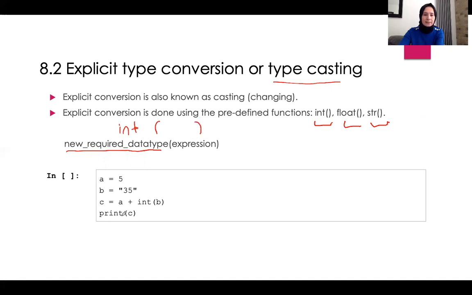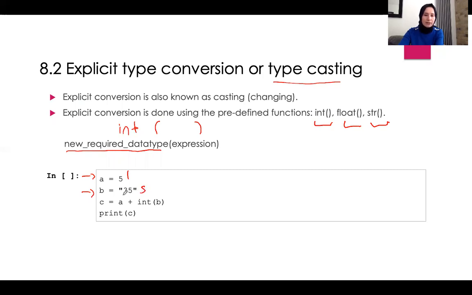Let's look at an example here. We have a equals 5, and b equals 35. However, as you remember, this is a string and a is an integer. When we want to add those values, we have to use casting.